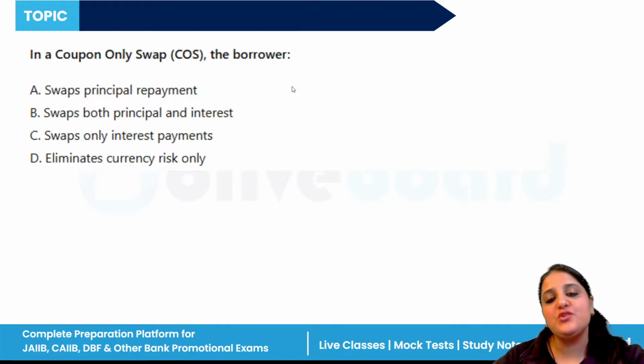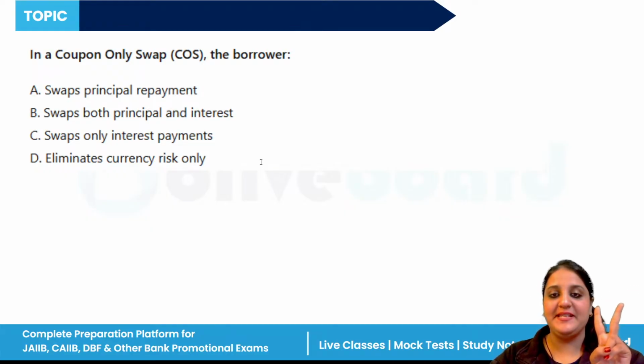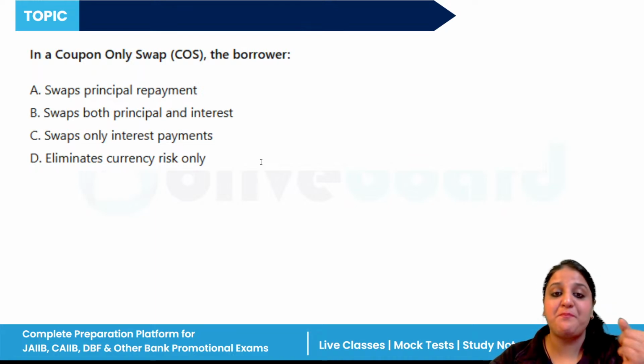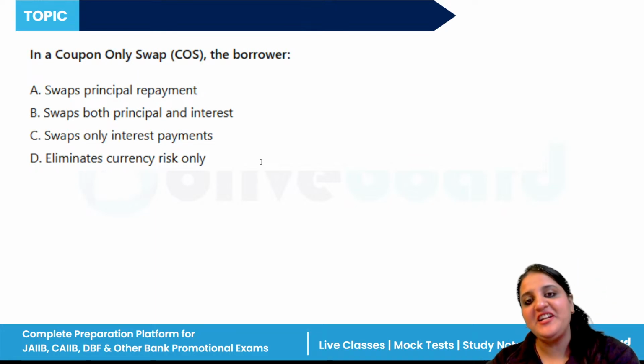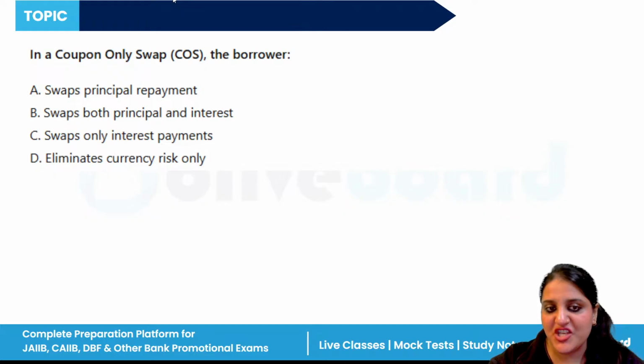So coupon only swap means an over the counter derivative contract where two parties exchange their periodic interest payments in different currencies based on a set notional, and they are not exchanging the principal.